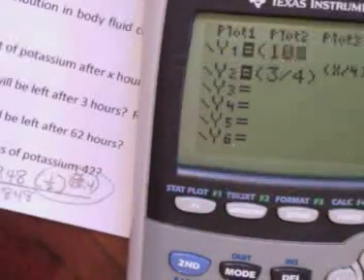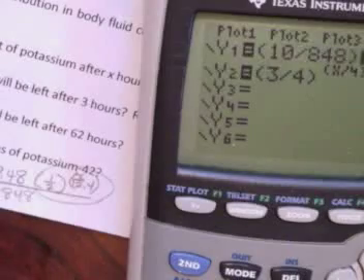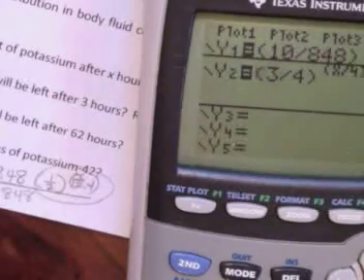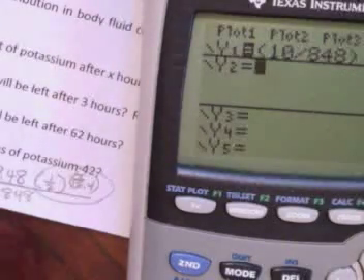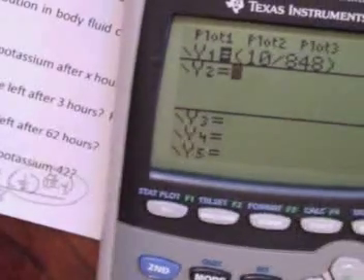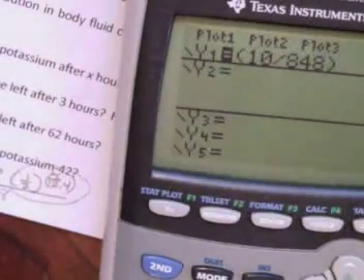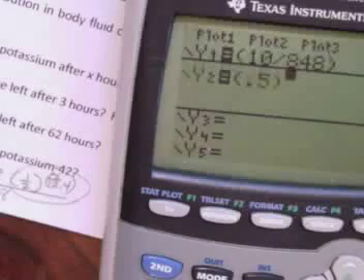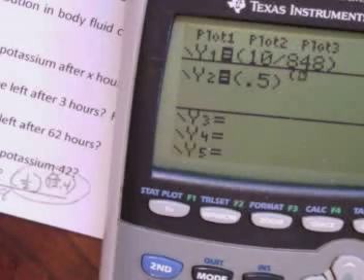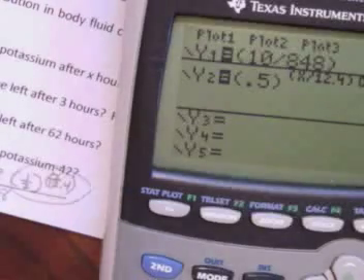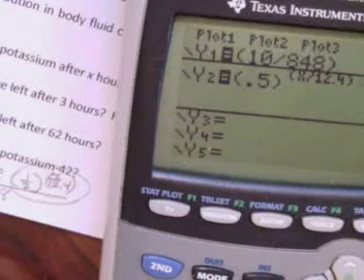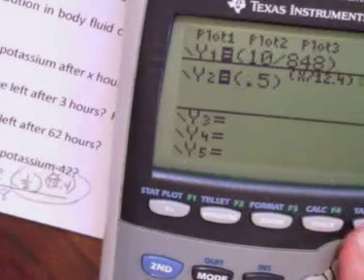I'm just going to put 10 divided by 848 in for y1. And I'm going to let the calculator sort out that arithmetic. And then I'm going to say y2 is equal to 0.5, or 1/2, raised to the x divided by 12.4 power. And again, I've got to have my fractions in parentheses.